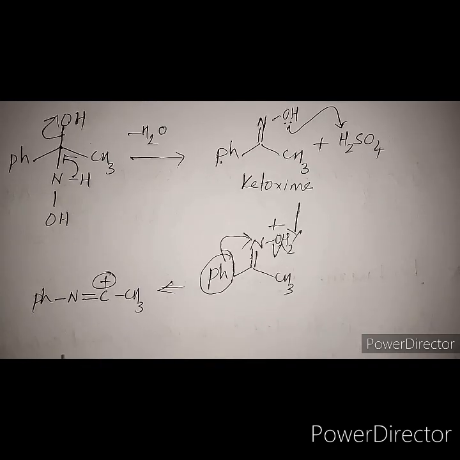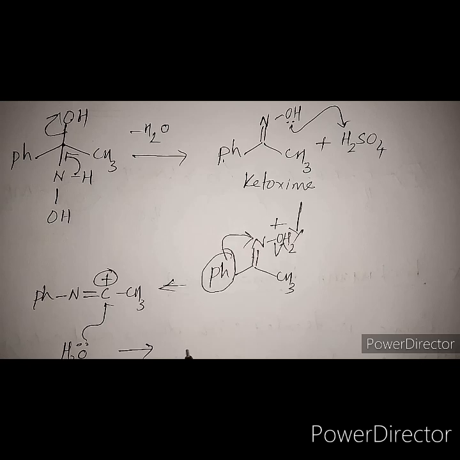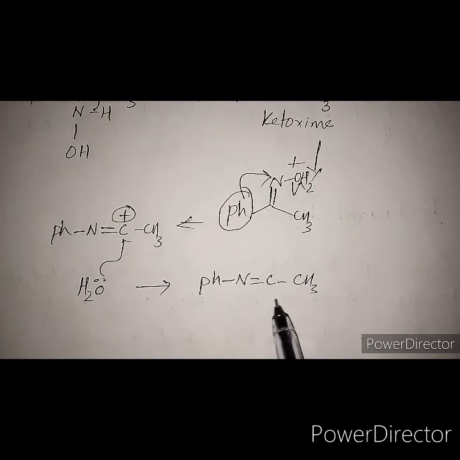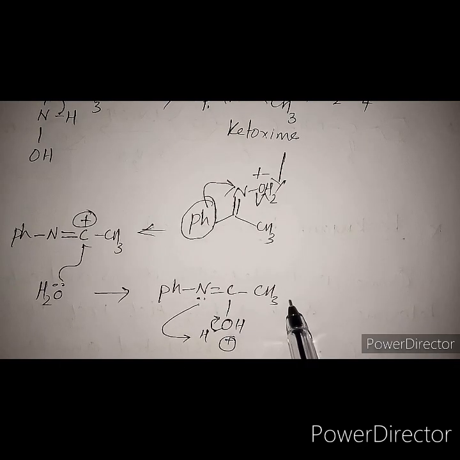Now the eliminated water molecule will act as a nucleophile and attack the positive charge. We will get PhN double bond C CH3 OH2 plus. Now the lone pair of electrons on the nitrogen will take up H and neutralize the positive charge.